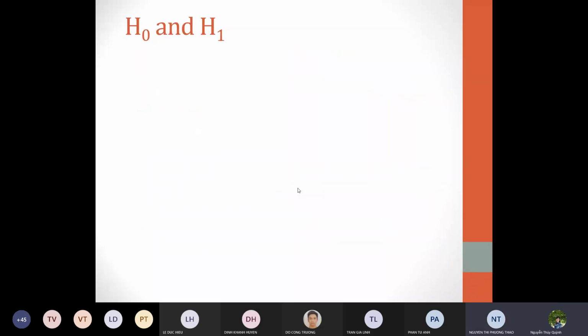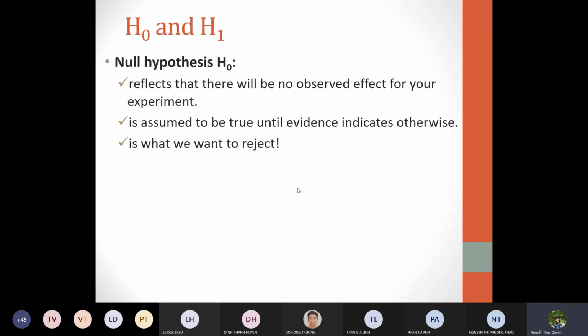The null hypothesis H0 reflects that there will be no observed effect for your experiment, which means that what you see in your sample, what you get from your sample data, is not what we see in the population. So the null hypothesis will reject what we see in the sample.